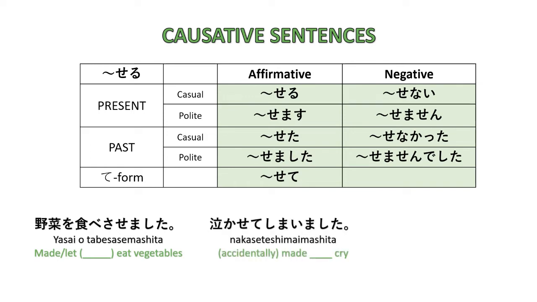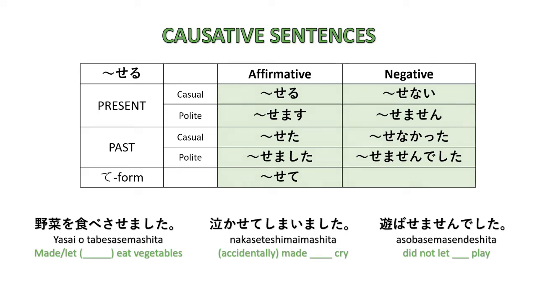Or nakasete shimaimashita. Te shimaimashita. So here we have sete, the te form, and then shimaimashita. And asobasemasen deshita. So did not let play, and this is the negative past polite form.